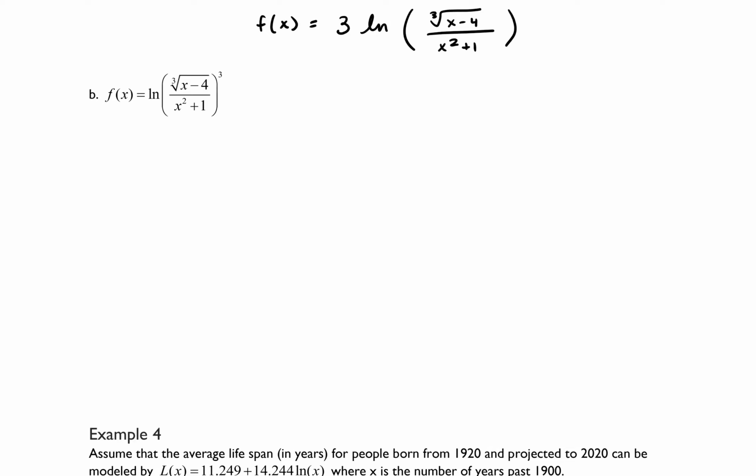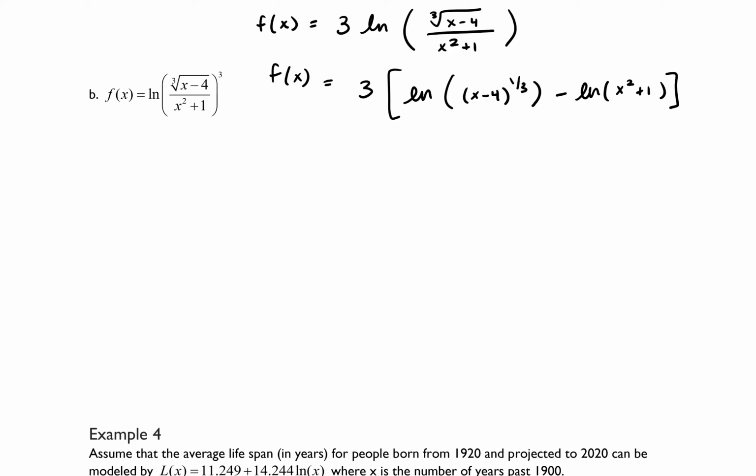And then from here, we can break this into a subtraction statement using the quotient rule. So we have 3 times the natural log of (x - 4) to the 1/3 power minus the natural log of (x^2 + 1), like that.